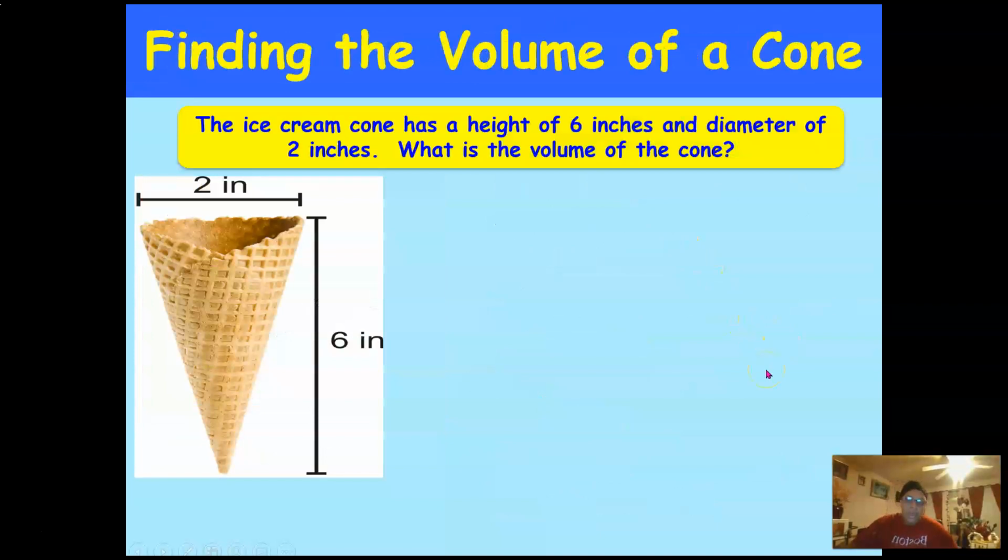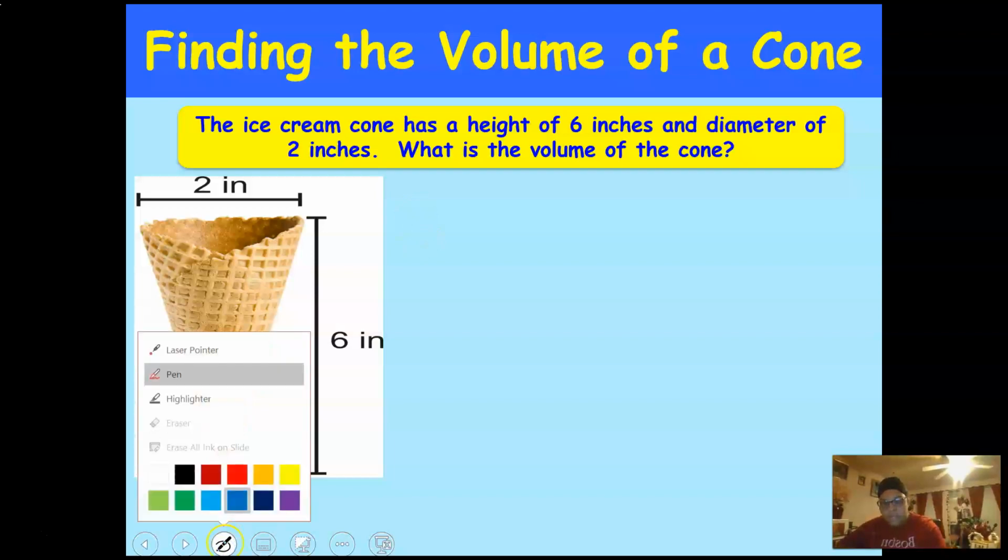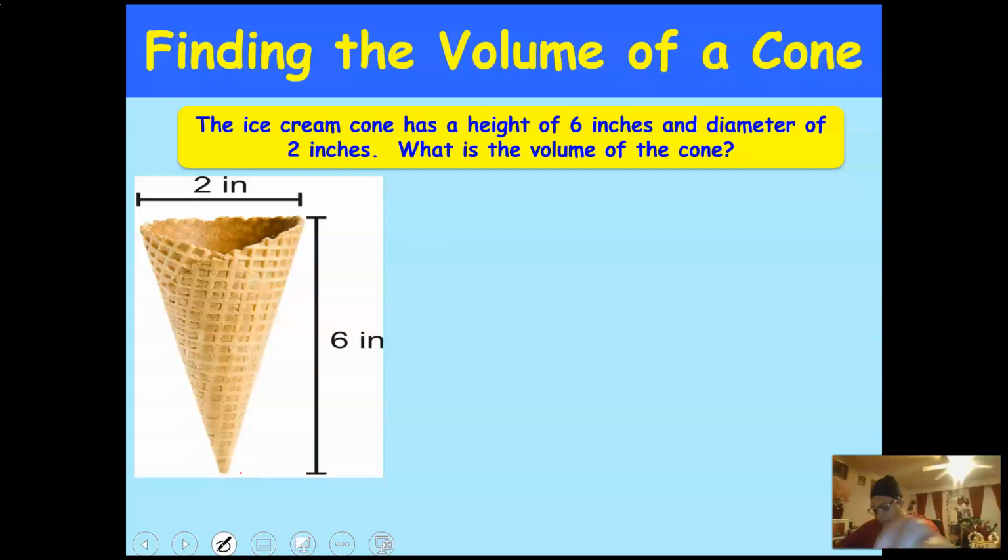The first one, we have an ice cream cone that has a height of 6 inches and a diameter of 2 inches. If you recall, the formula for a cone to find the volume is 1/3 pi r squared h.